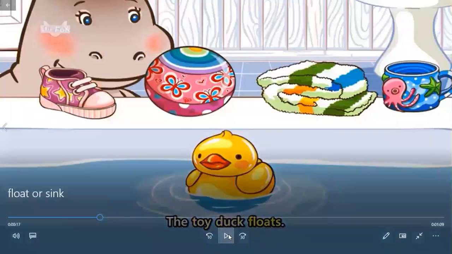Some objects float on the top. So float means to stay above the surface of water.